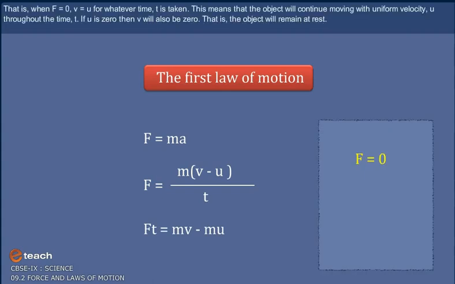When F is equal to 0, v is equal to u for whatever time t is taken. This means that the object will continue moving with uniform velocity u throughout the time t. If u is 0, then v will also be 0. That is, the object will remain at rest.